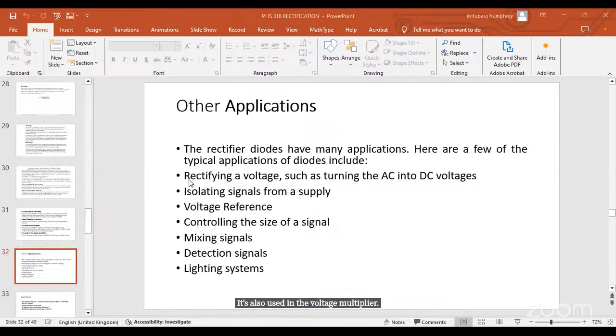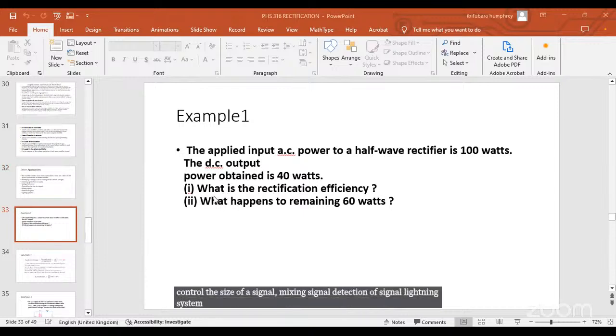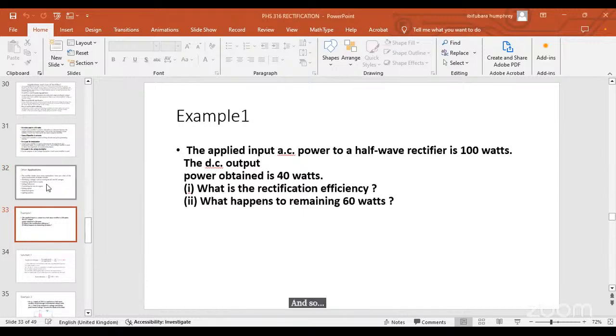Other applications: isolating signal from a supply, rectifying a voltage, such as turning the AC into DC voltage, controlling the size of a signal, mixing signal, detection of signal, lighting system, and so on.